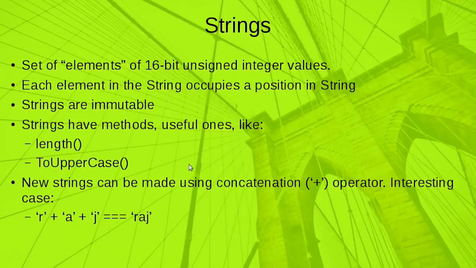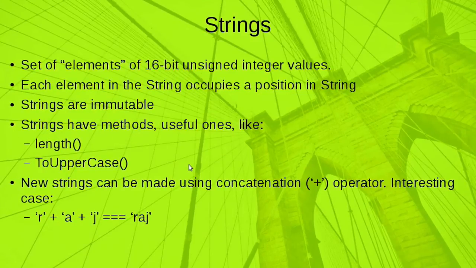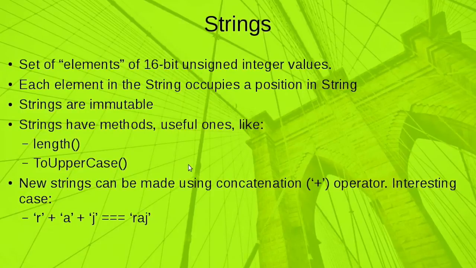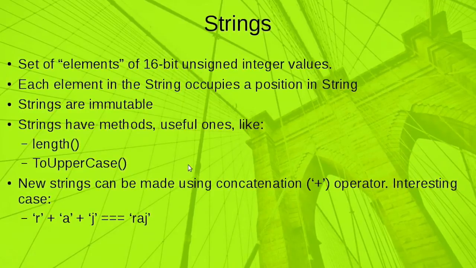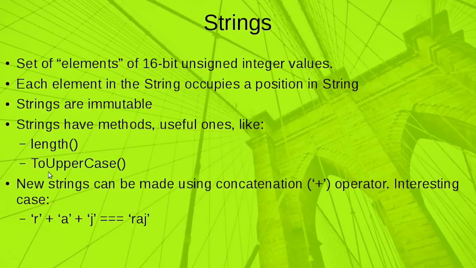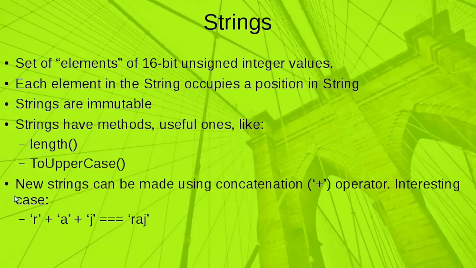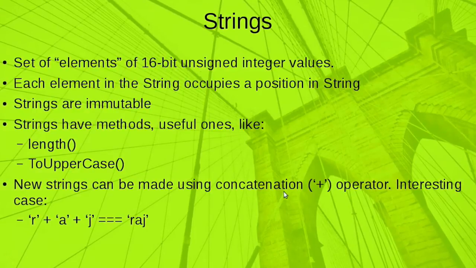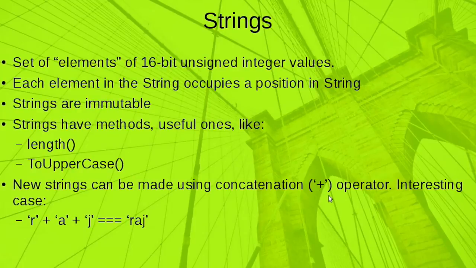Also, strings have some useful methods, like you can query the length, which will tell you how many characters this string contains, including spaces. Then there are other useful functions like toUpperCase and toLowerCase as well. New strings can be made using the concatenation operator, right?